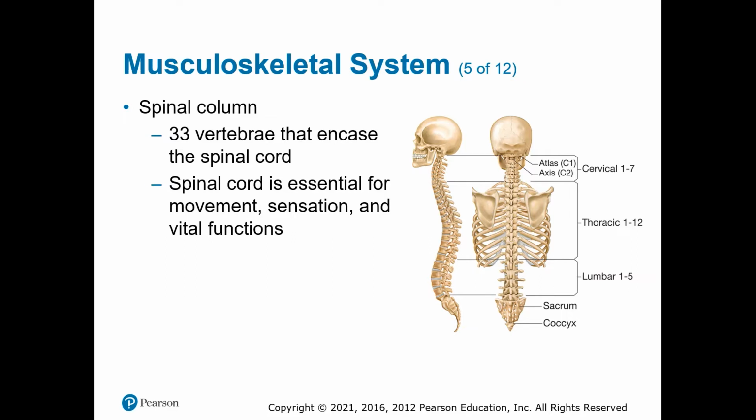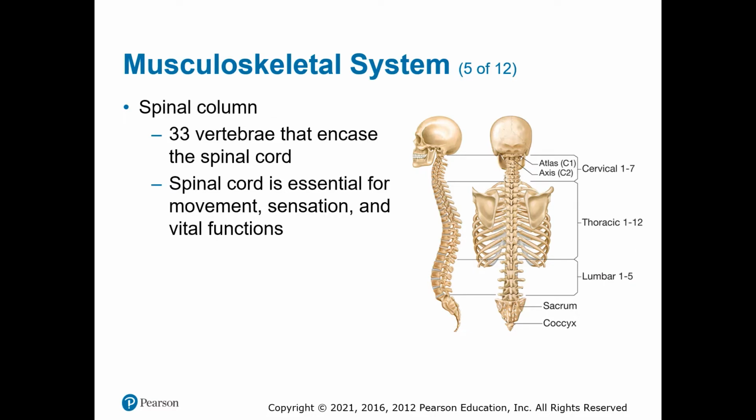Your C1 and C2 are called the atlas and the axis, and those two bones give you the ability to move your head up and down and side to side.